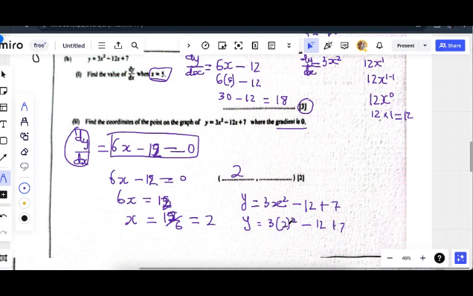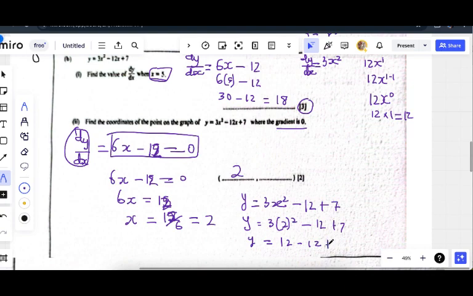We say 2 squared is 4. That means 2 times 2. That's 4. 4 times 3, we get 12. It becomes 12 minus 12. That's 0, plus 7. So our answer is 7.